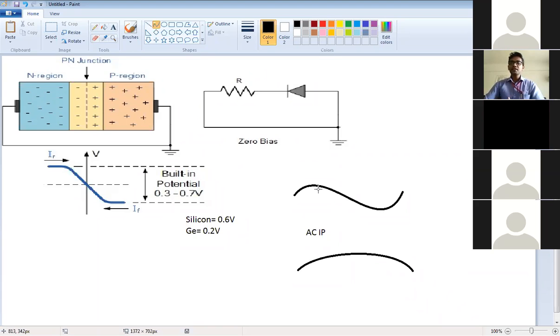Hopefully you are getting it. So three types of rectifiers are there: half wave rectifier, center tap full wave rectifier, bridge full wave type rectifier. So we'll see the circuit one by one. So the first type is your half wave rectifier.